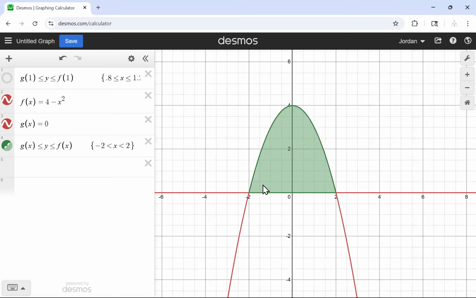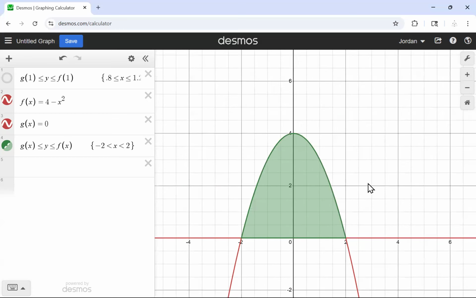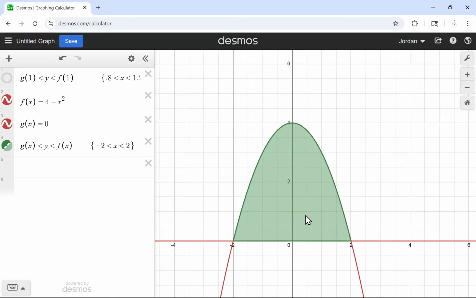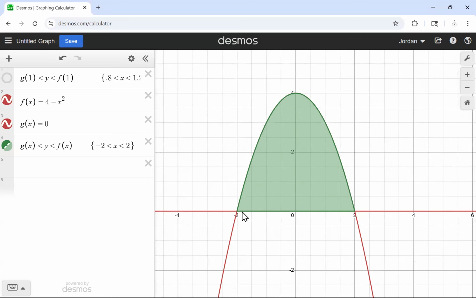And in this case, it doesn't just say in the first quadrant, so we must be talking about both the second quadrant and first quadrant sections of this. Notice that it goes from an x value of -2 to an x value of 2. Those are going to be my bounds.